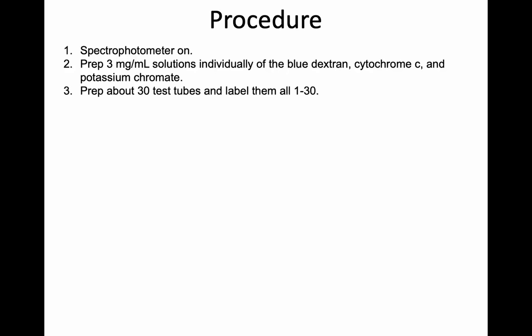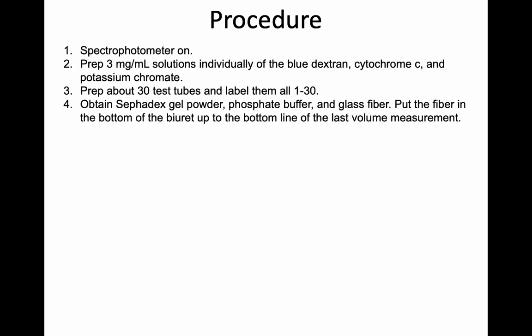As you saw in the previous slide, you're going to have to collect elution volumes in a certain number of tubes. So we're going to prepare 30 clean test tubes, which are going to be labeled from 1 to 30. 1 is the first one where we collect the first amount of volume, and 30 is where we collect the last amount of elution volume. Then we're going to get the SEPHADEX gel powder, phosphate buffer, and glass fiber, and use them to carefully assemble your gel column.